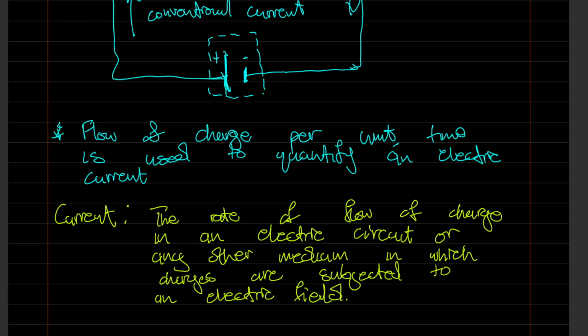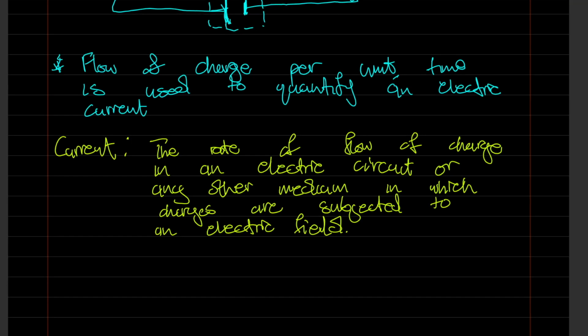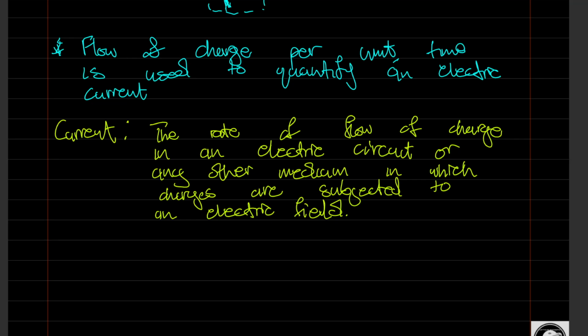Now, the rate of flow of charge in an electric circuit or any other medium in which charges are subjected to an electric field. The last part you will see in the later stages of our course. This final part will become very important later on, so let me not spoil it for you. You will see what the last part actually means as we go through this module.